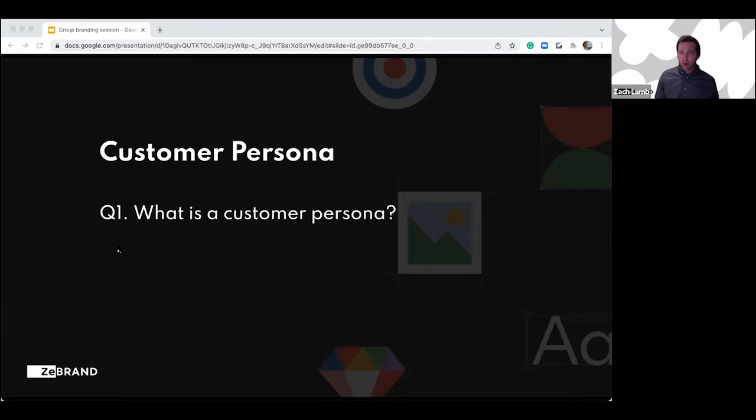But for now, critically, it's really important that a customer persona, if it's going to be successful, needs to go beyond just demographic information and really try to get at the psychographics, the psychology of your customer, because really what we're trying to do in branding is make an emotional connection, a values level connection, something that's just a little bit higher order and above just product features and benefits. The most successful brands create that emotional connection.